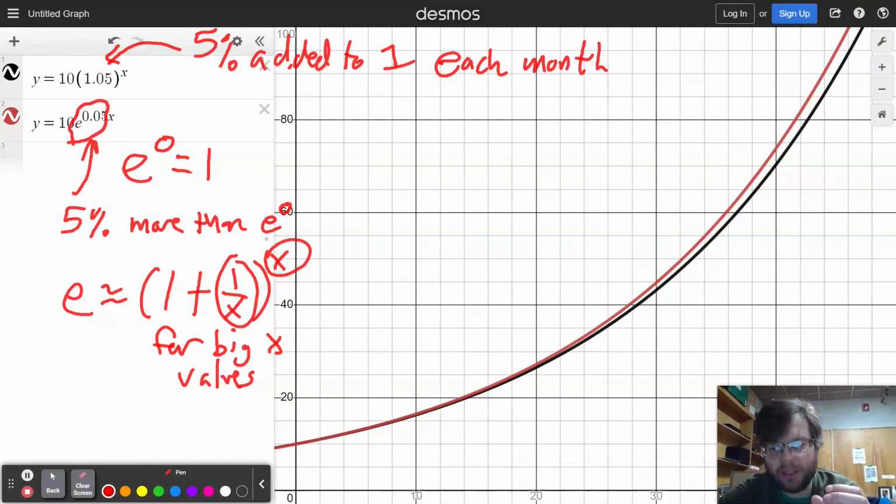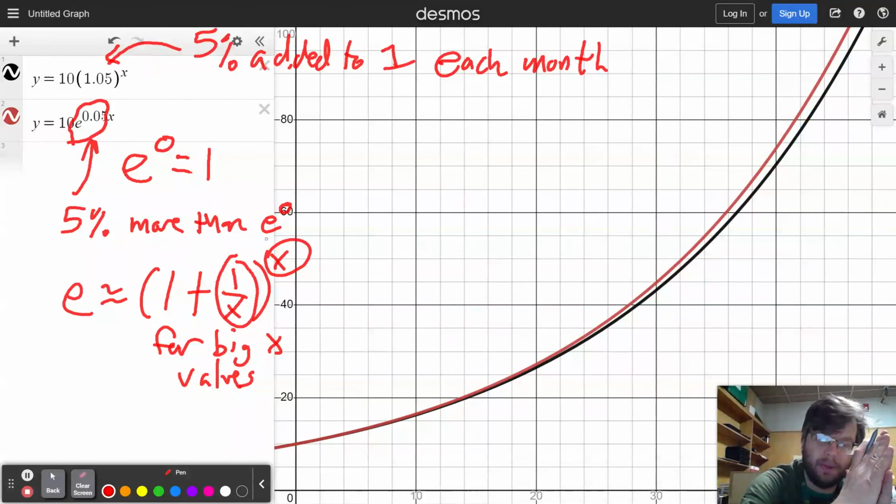So e is good when the growth doesn't happen periodically, but when it happens continuously. So what I mean is, are you growing by a percent by adding it all at once at the end of the time period? Or are you adding little bits all throughout the time period?